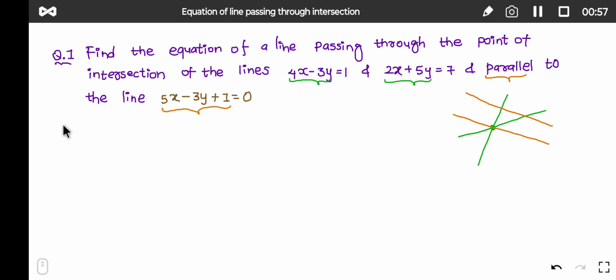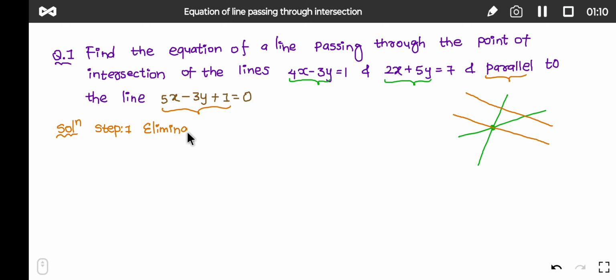The first step is to find the point through which the line is passing. So our step number 1 is the elimination method. By doing the elimination method, we'll get the point of intersection through which the line is passing.